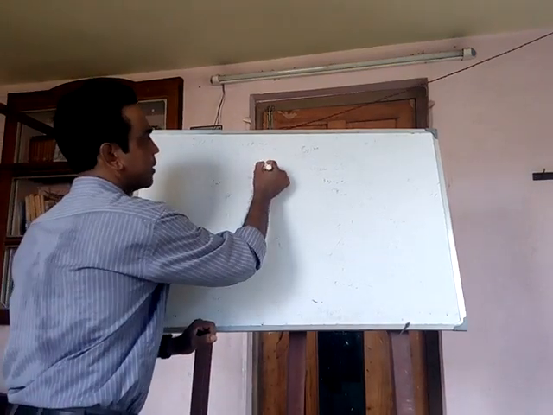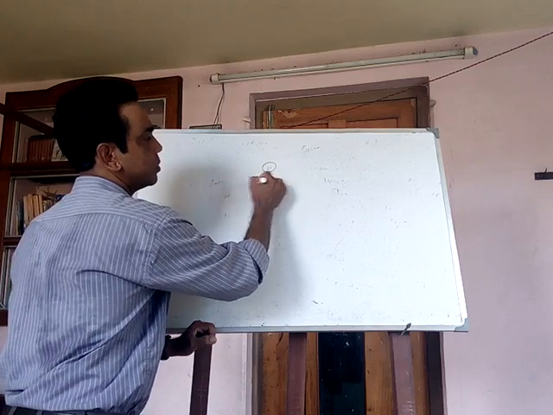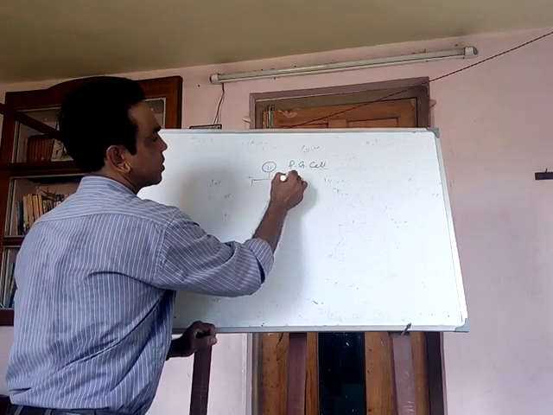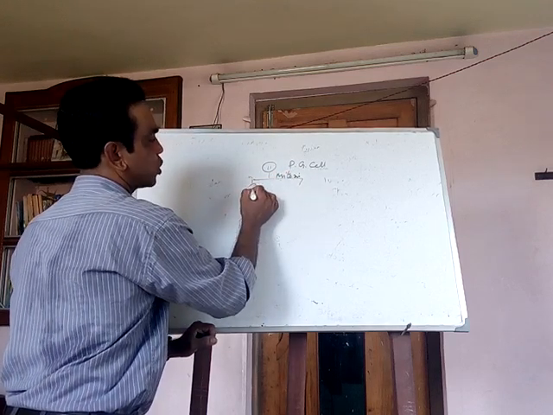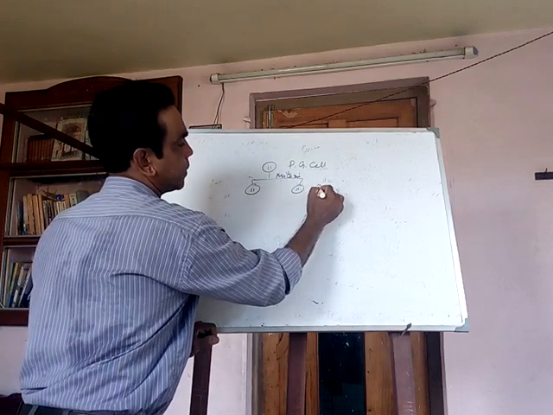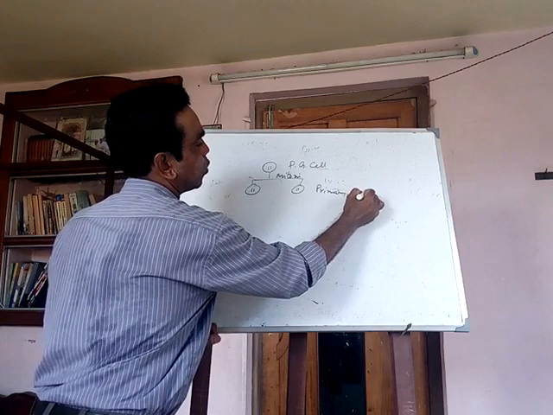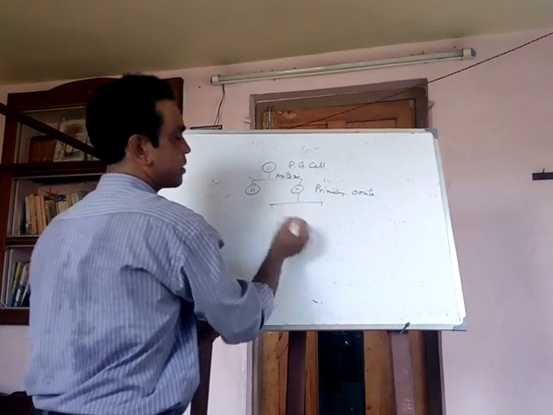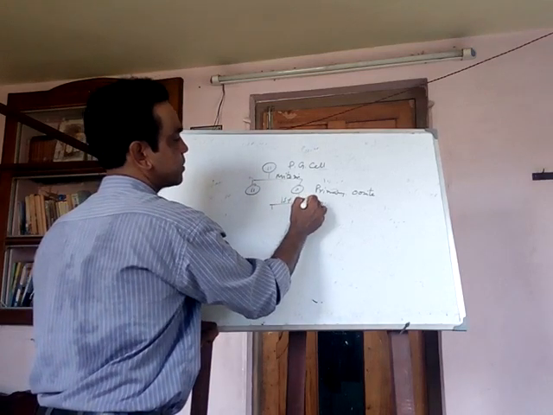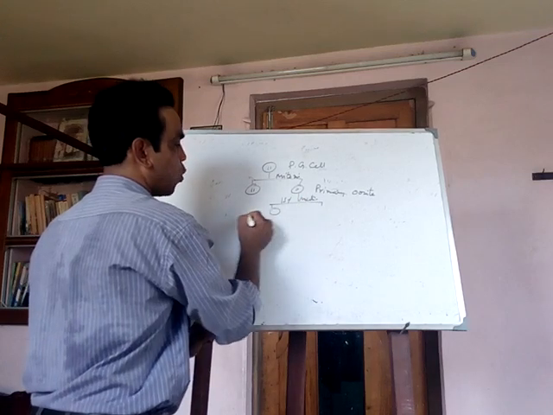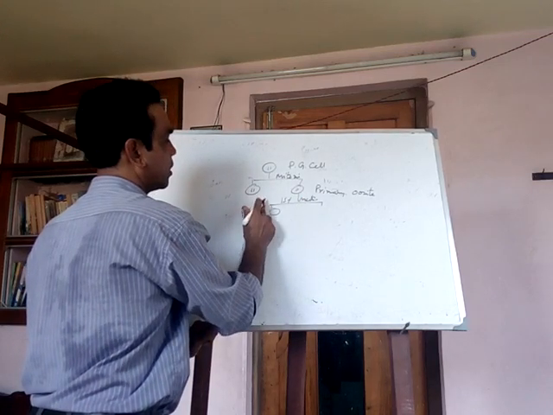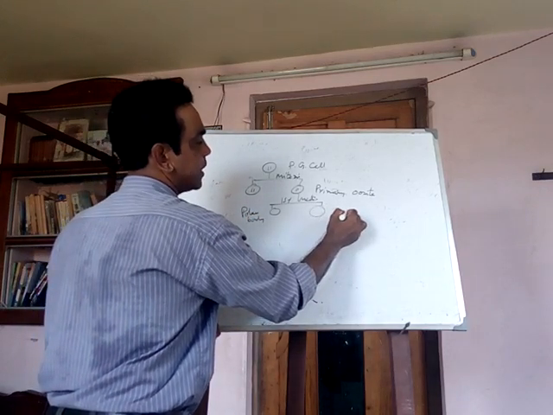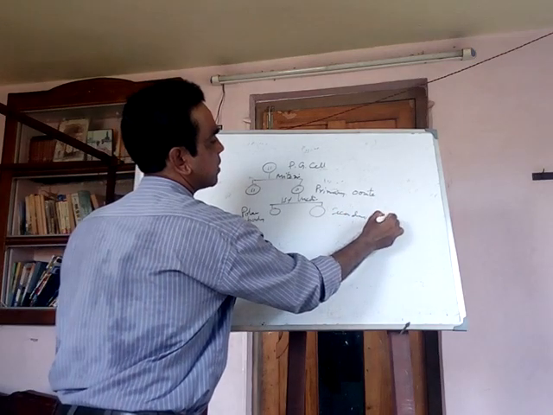Here primordial germ cells undergo mitosis and produce primary oocytes. Next, each primary oocyte in the first meiotic cell division produces one polar body and one secondary oocyte.